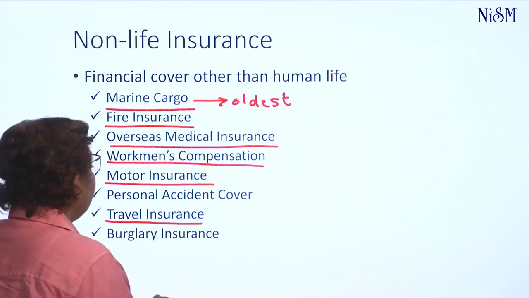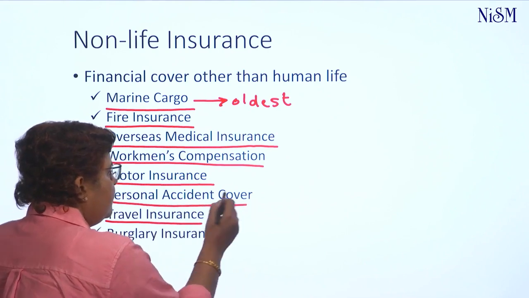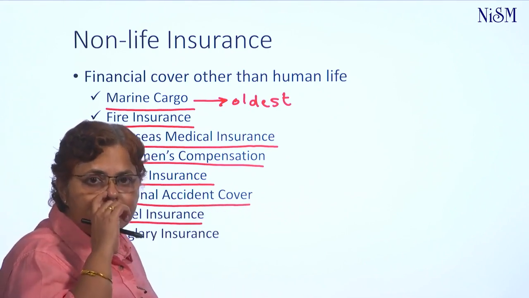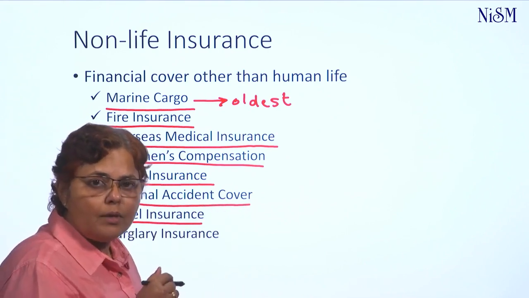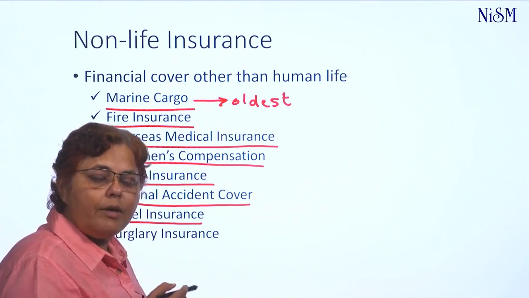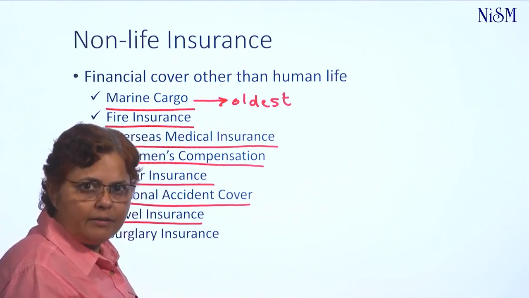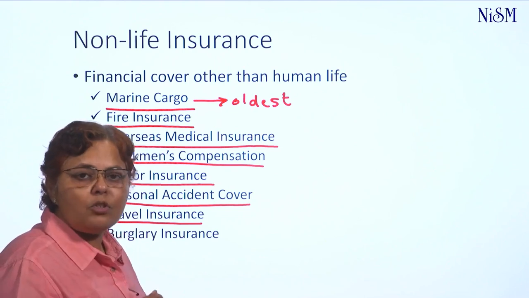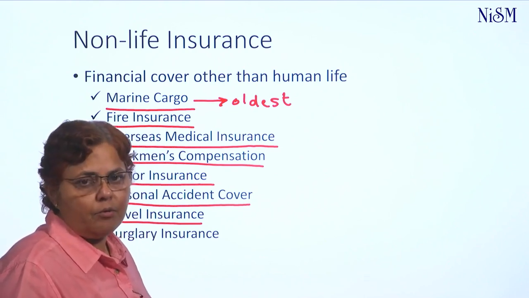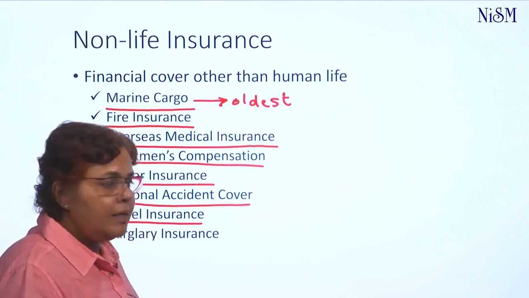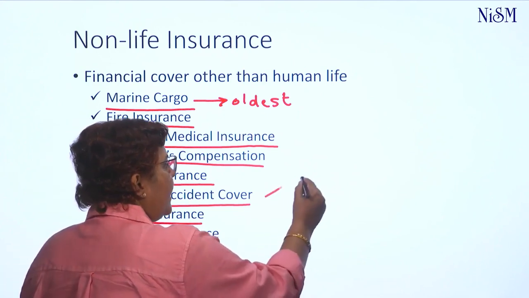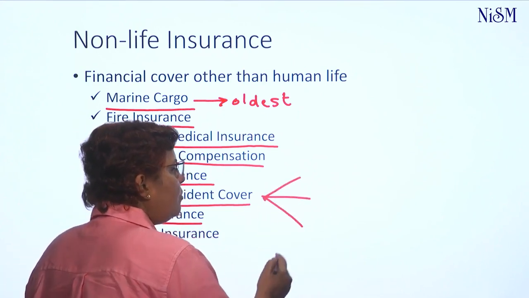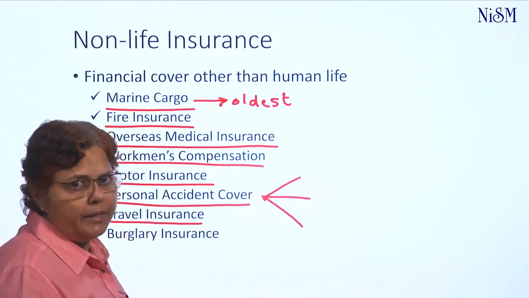Personal accident cover. You will say that this is related to human beings, so isn't it covered? Now, if death happens because of the accident, that will be covered by life insurance. But suppose the person survives but is disabled, then personal accident cover has categories of how that person will be compensated.